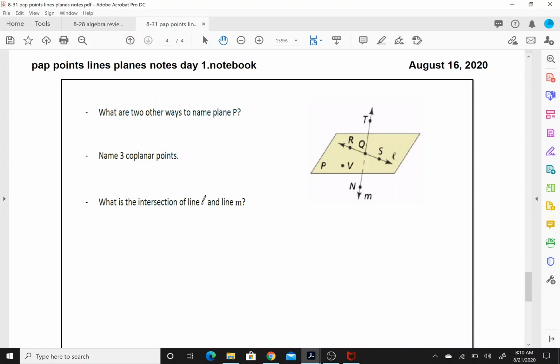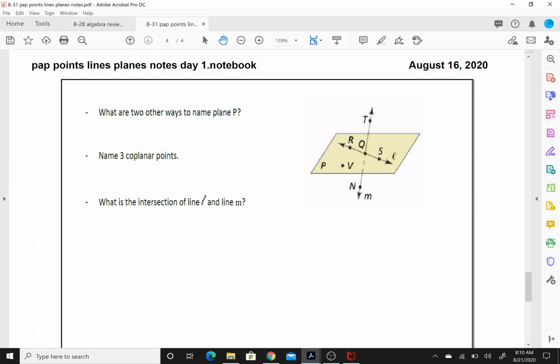Okay, now to name the plane, we need 3 points that are on that plane that are not all in one line. So I have that line, RS, that's running through the plane. I can choose 2 points from that and also point V, because point V is not on that line.